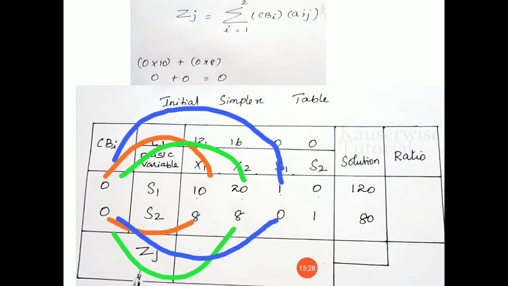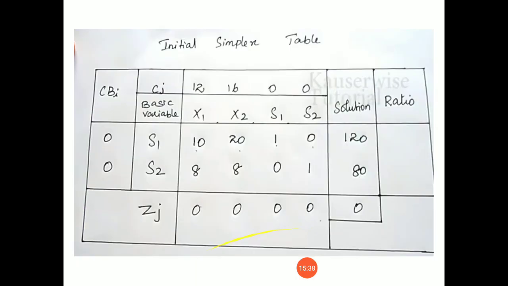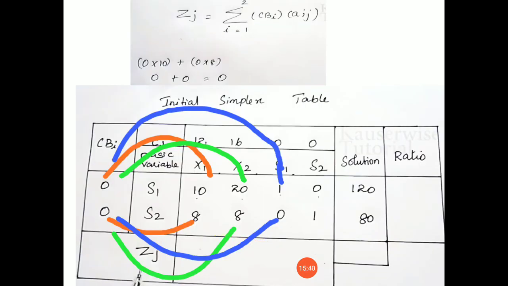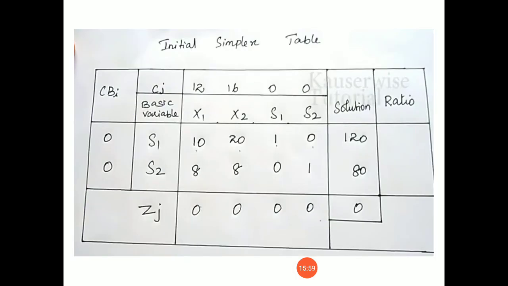You can see it can be found from 0 into 20 plus 0 into 8, which will give you 0. So here again I have written 0 in the second element of the Zj row. For the third element of the Zj row, I have drawn it with the blue line, that it can be found from 0 into 1 plus 0 into 0, which will give 0 only. Again, I have written 0 in the third element of the Zj row.